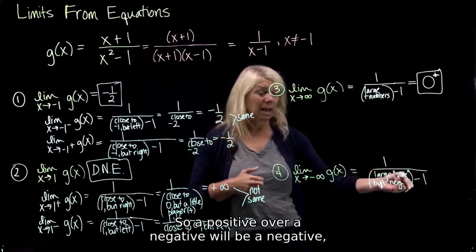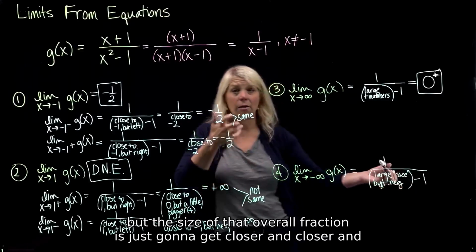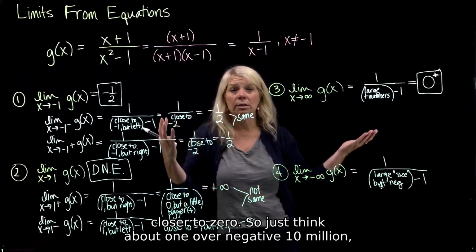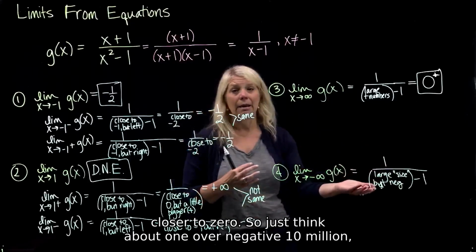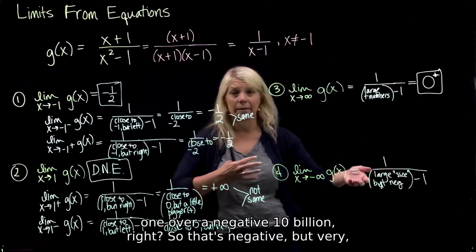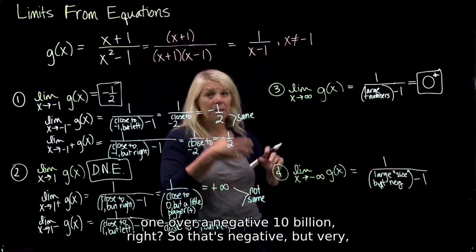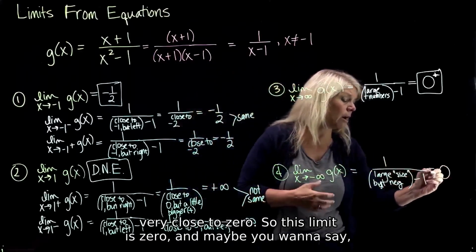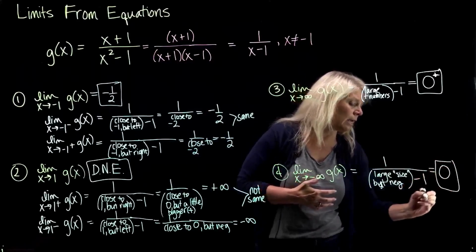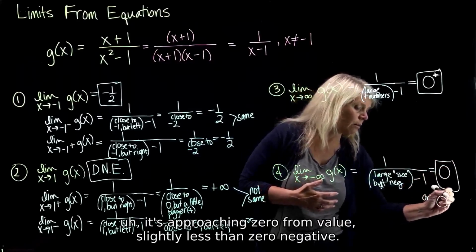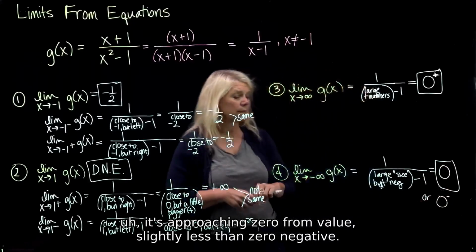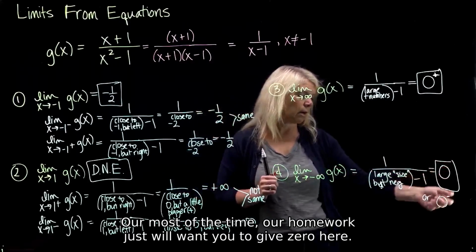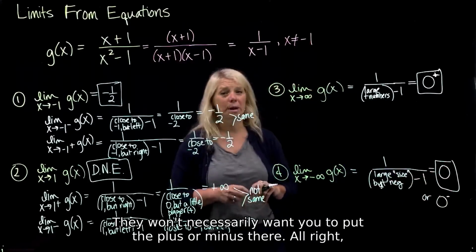So a positive over a negative will be a negative, but the size of that overall fraction is just going to get closer and closer to 0. So just think about 1 over negative 10 million, 1 over negative 10 billion, right? So that's negative, but very, very close to 0. So this limit is 0, and maybe you want to say it's approaching 0 from values slightly less than 0, negative. Most of the time our homework will just want you to give 0 here. They won't necessarily want you to put the plus or minus there.